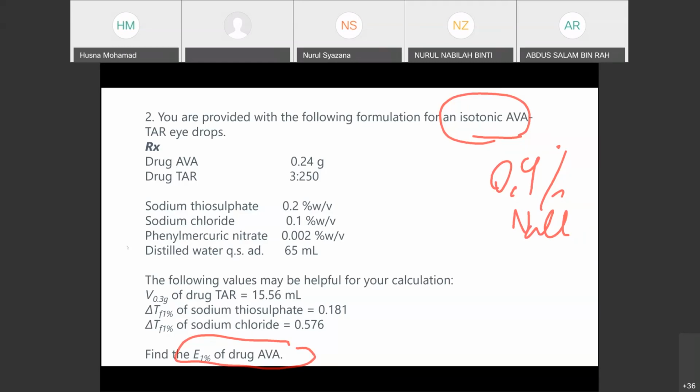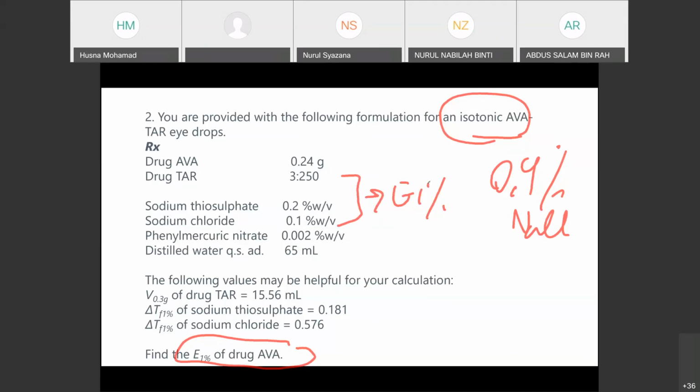Hello, doctor. I use the NaCl equivalent method. So I will find the E1% for sodium thiosulfate and the drug TAR. Okay, you convert all to E1%. Yes, and then I will find the percentage of NaCl equivalent based on the percentage that is in the formulation.